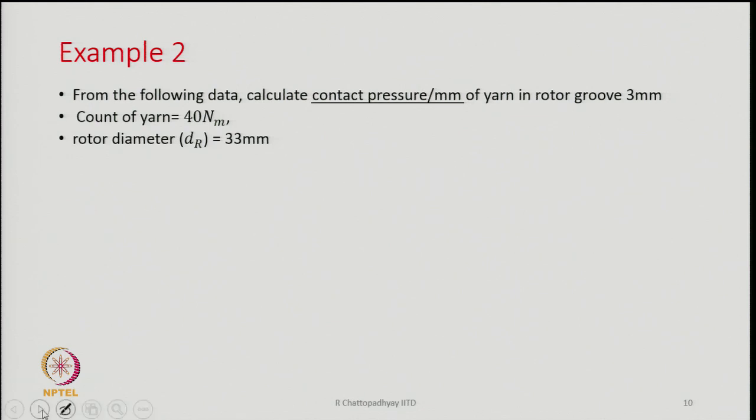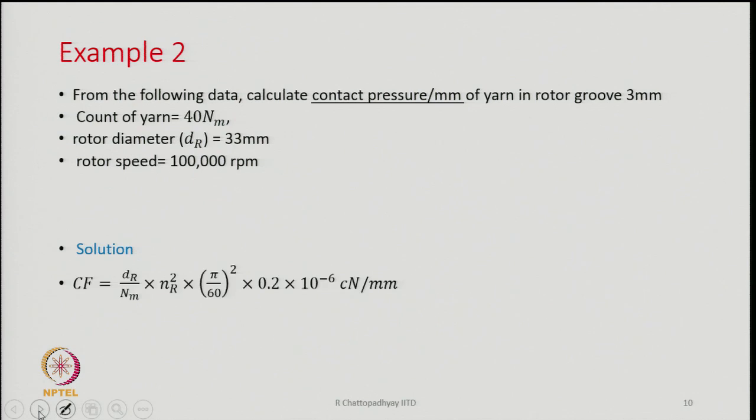These are basically straightforward substitution, but one should be careful about the units, because units will sometimes be given in different forms in order to test whether you really can change the units from one unit to the other. The conversion factors should be clear in your mind.